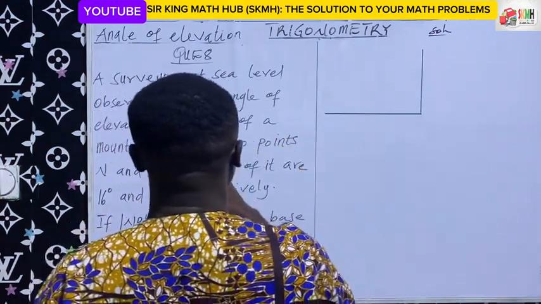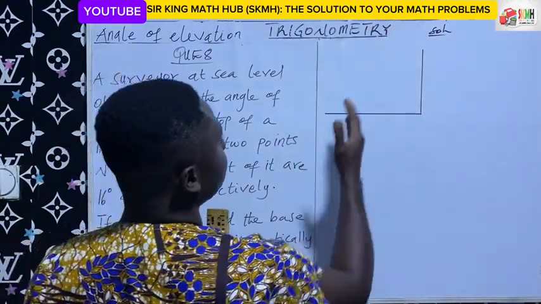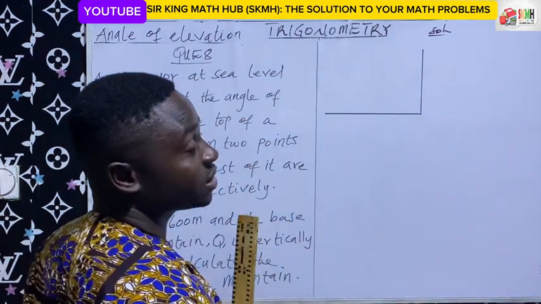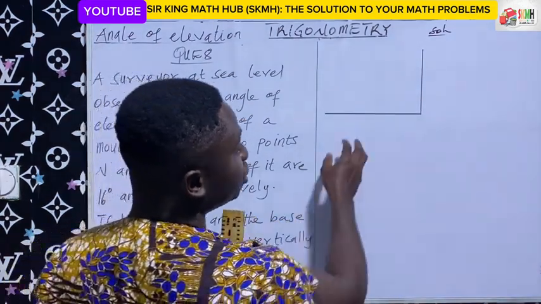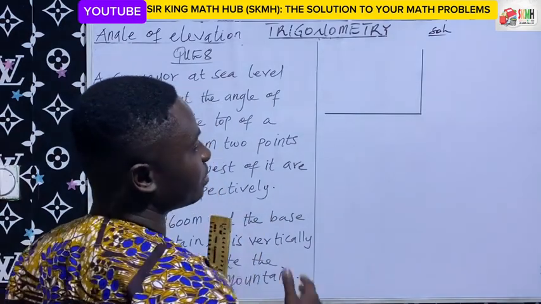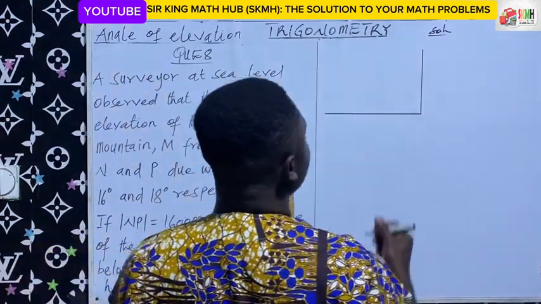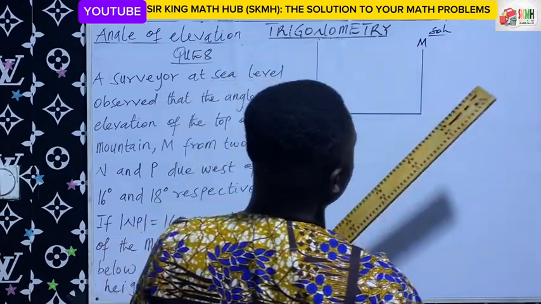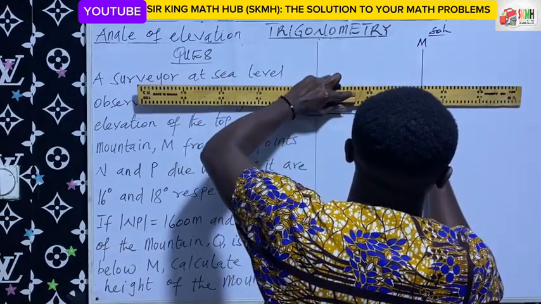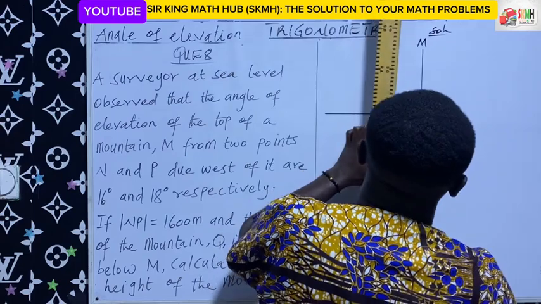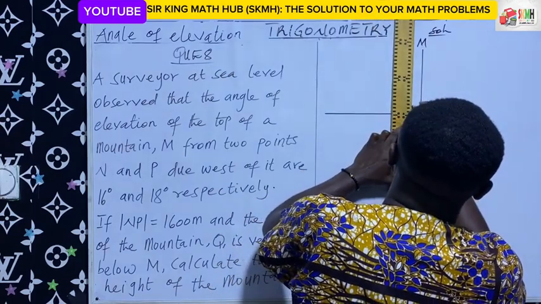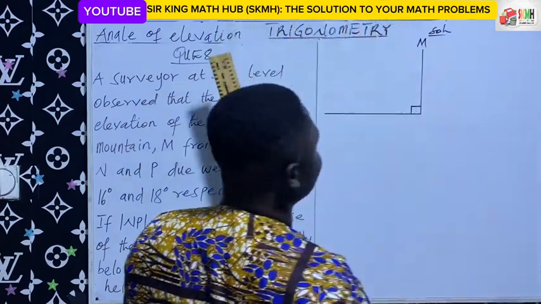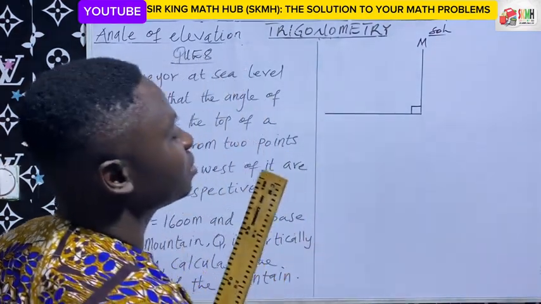We're told that this surveyor observed the angle of elevation from 2 points, located at the western part of the mountain. Again, the top of the mountain should be labeled as M. And don't forget that the mountain will meet the sea level at an angle of 90 degrees.